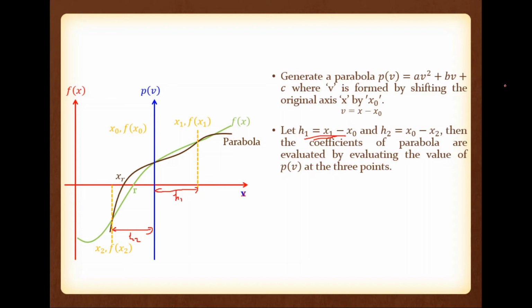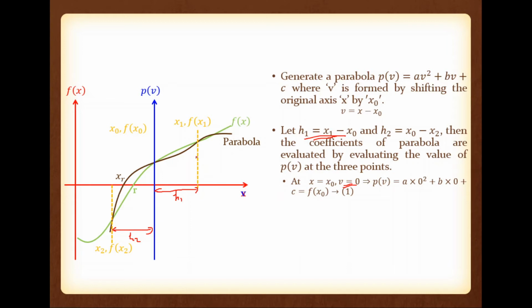And similarly this equation. So at x equal to x0, what is the value of v? At x equal to x0, v equal to x0 minus x0, that is 0. So what about p of v? If v is equal to 0, this term is 0, this term is 0, so we have only c. So p of v is equal to a into 0 square plus b into 0 plus c. Am I correct? At x equal to x0, p of v equal to c.